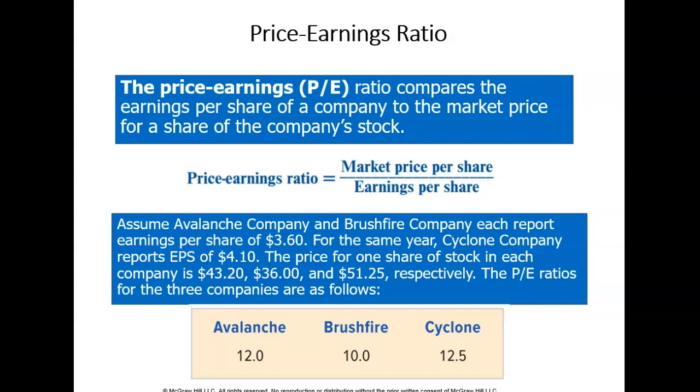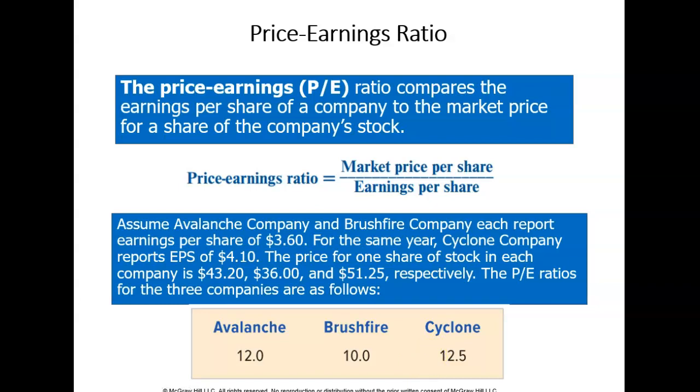And once again, if you're comparing companies to try to determine which company is a better investment, the higher the price earning ratio, the better. So if I'm making a decision on who to invest in based on this data alone, I'm going to choose the Cyclone company because they have a higher PE ratio.